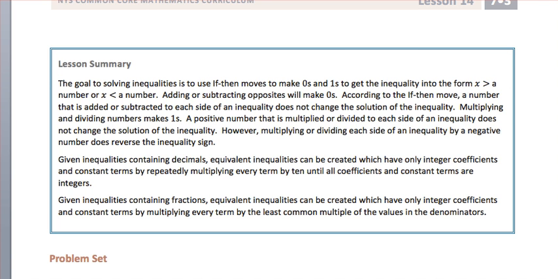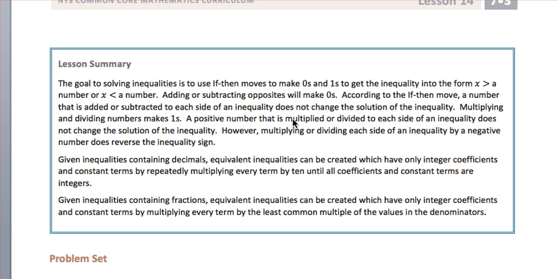So to review, the goal in solving inequalities is to use if-then moves to make zeros and ones to get the inequality into the form x is greater than a number, or x is less than a number. Adding or subtracting opposites will make zeros. Multiplying and dividing numbers make ones, which is good.